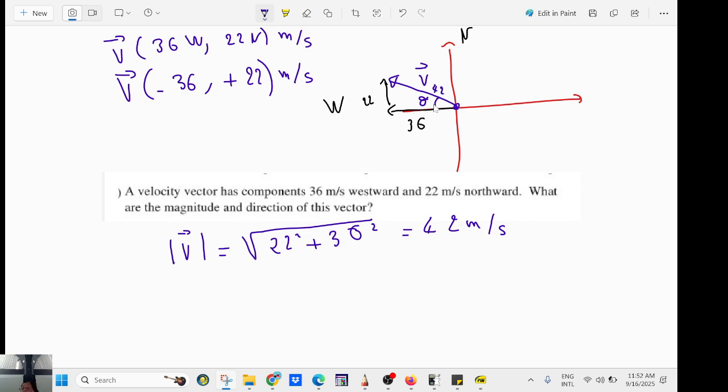Because of course, now we want to find that angle here. That's why you have to draw. So we use tangent, opposite over adjacent. So let's find that angle here. Okay, tangent. SOHCAHTOA.